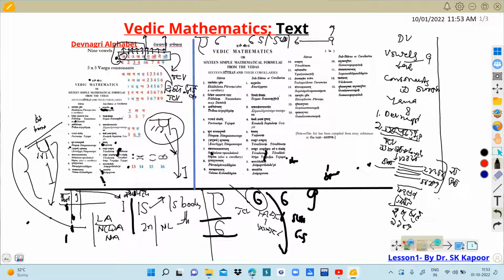Once we are at the numbers alphabet, then we will really have the first step of entry into the Vedic mathematics domain.